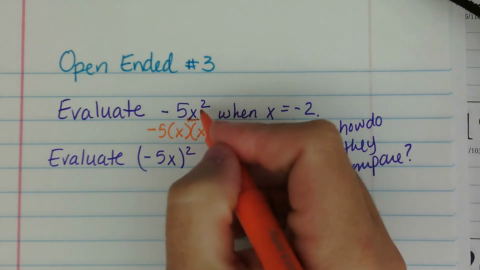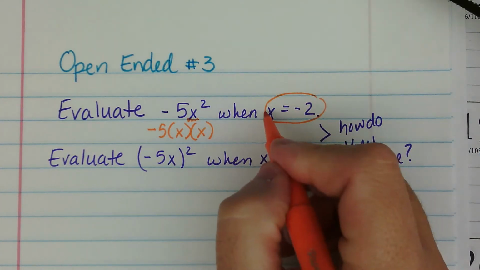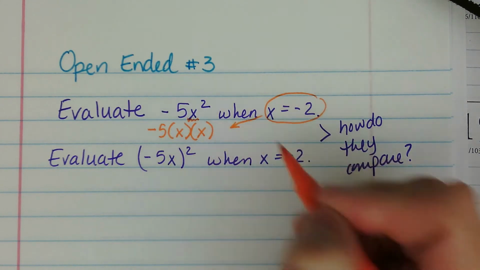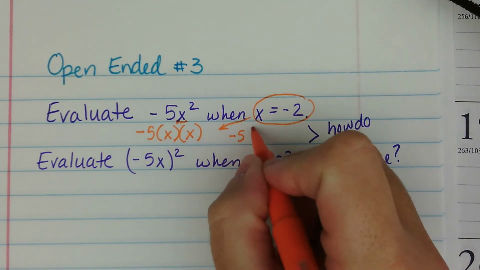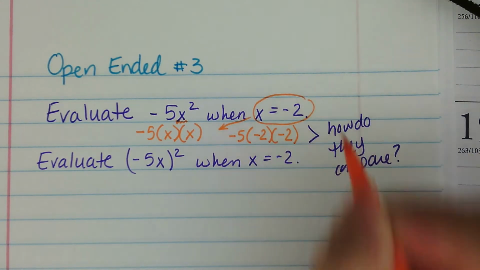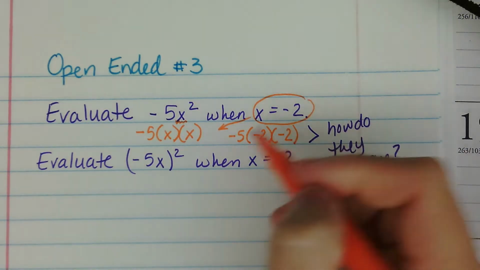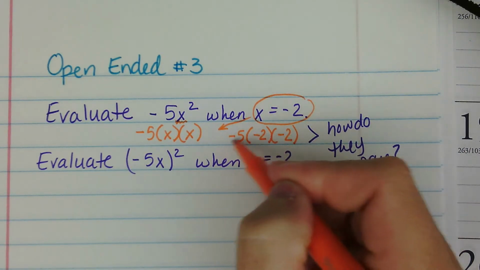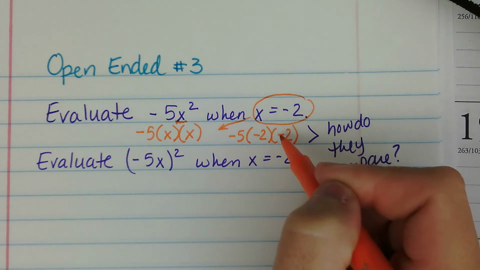Okay, that's for the top one. And they want to take negative 2 and put that into the x's. So that would be negative 5 times negative 2 times negative 2. Now we know that a negative times a negative is a positive, but with 3 negatives, negative times negative is a positive, and then a positive times a negative is back to a negative.